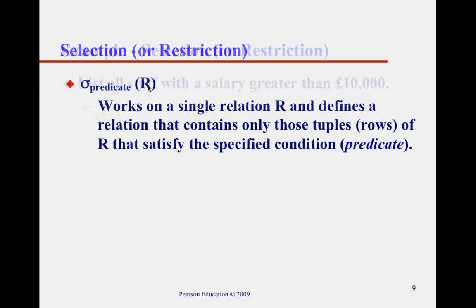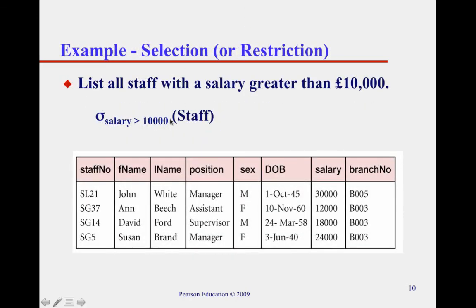So for example, we're saying here, I want all staff whose salary is greater than 10,000. And anything that you have seen in a where predicate is basically valid here.